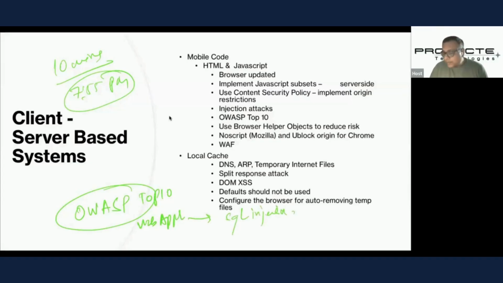You should be aware that whenever you are trying to analyze the security of a web application, the first thing you do is go to OWASP top 10 and see what are the 10 major vulnerabilities in web-based systems. If you go through those 10 vulnerabilities and incorporate that in your web application, your application will generally be secure.